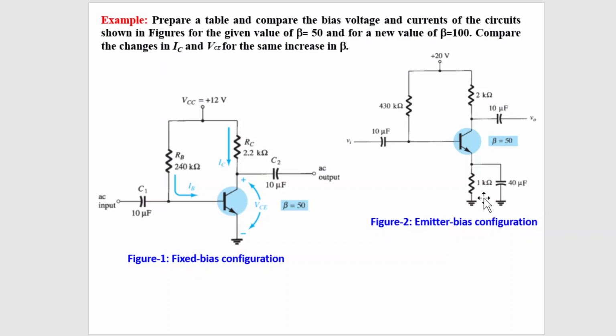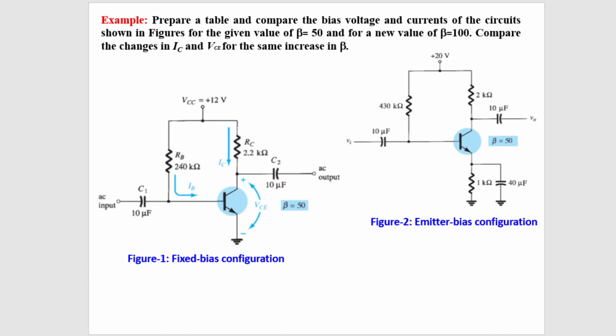Because this example will give a new concept: how the stability of emitter bias configuration is increased with respect to base bias or fixed configuration just by adding a resistance at the emitter terminal in this circuit. That is the main objective of this problem.